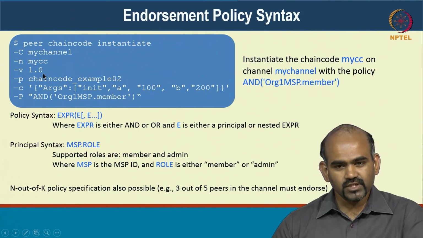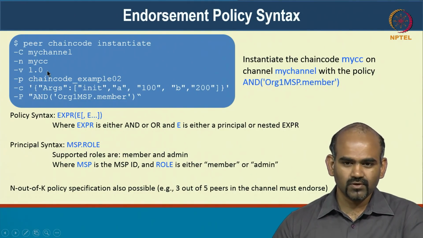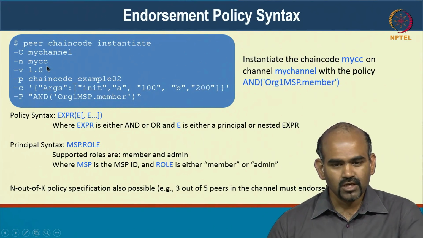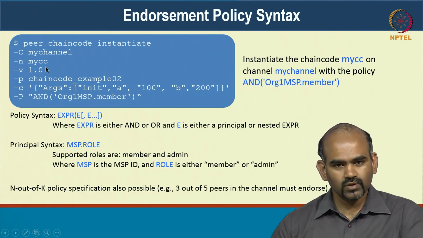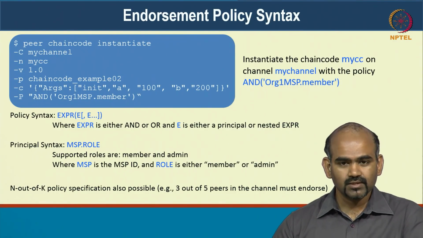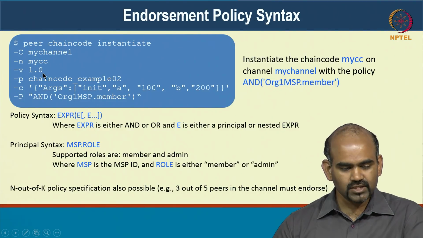You have a version for the chaincode, so it's possible to deploy multiple versions of the chaincode, which may be improvements over time, with changes in the business logic captured. So the chaincode itself can follow a full life cycle, and there is a separate lifecycle system chaincode that manages the life cycle of the different versions of a chaincode. So that's the version of the chaincode.